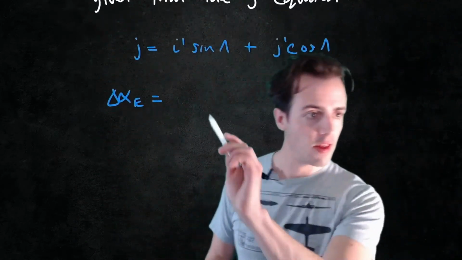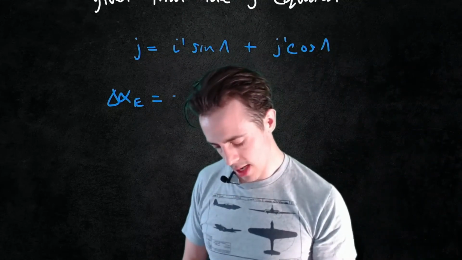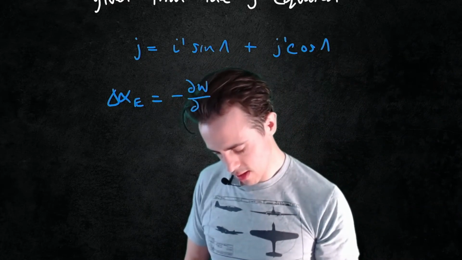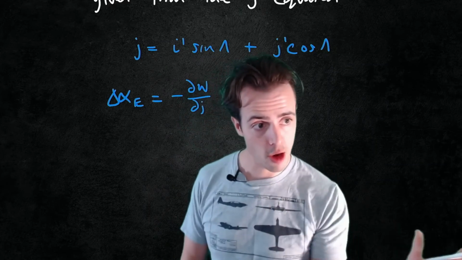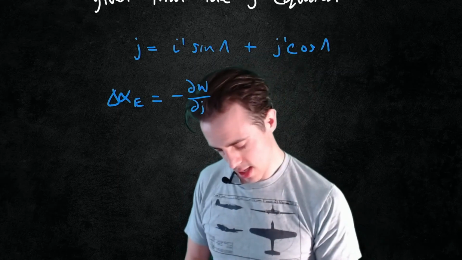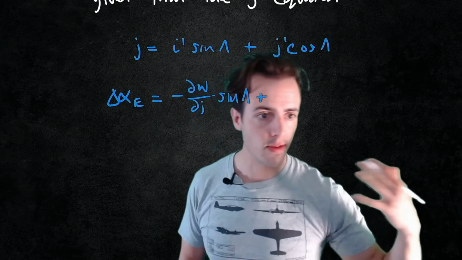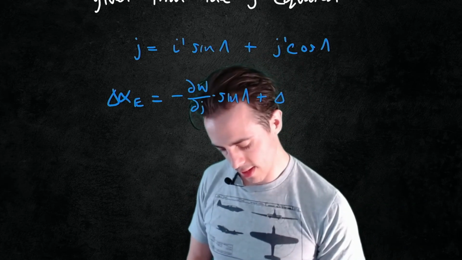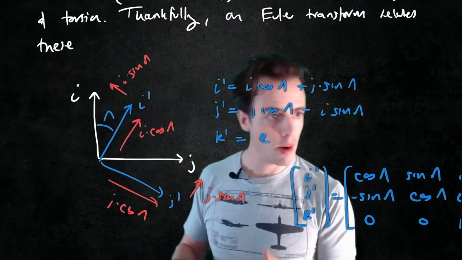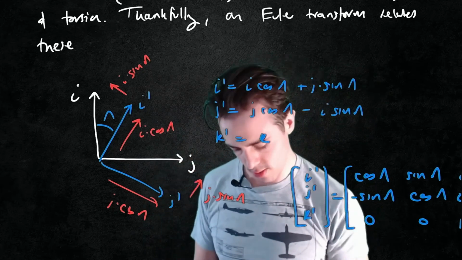So we get delta alpha, if we're looking at rotation around i prime, it's going to be minus dw on dj, so the slope of whatever the bending displacement is going to be, multiplied by sine lambda plus, and then I've simply got to put in the change to deflection. So the j rotation, remembering the j prime rotation, that's the rotation around j, that's simply whatever the torsional twist was on this wing.